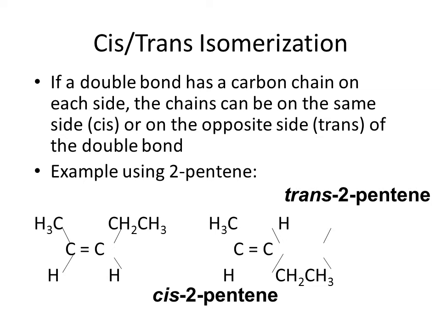So, if I'm going to completely name the compound on the left, I call it cis-2-pentene. Why 2-pentene? Because you can see there's 5 carbons in the longest chain, and the double bond starts at the second carbon. And it's cis on the left because the two groups are on the same side, and trans-2-pentene on the right because the two groups are across from each other.